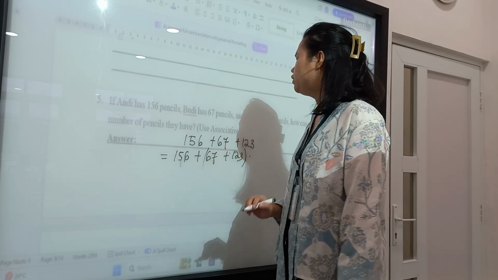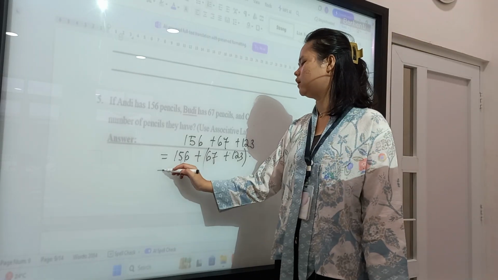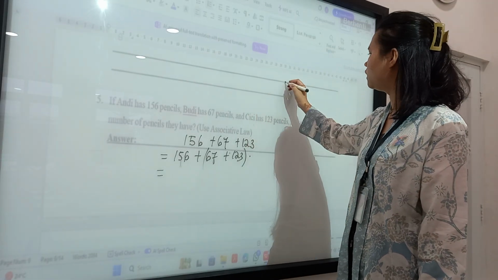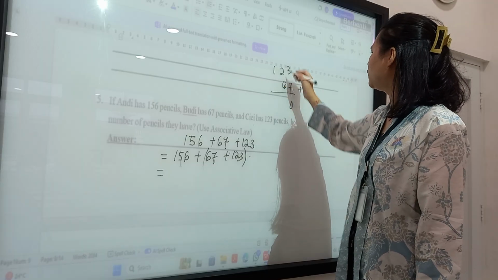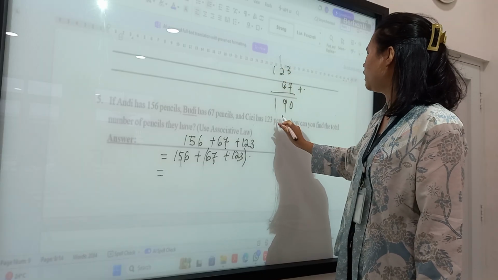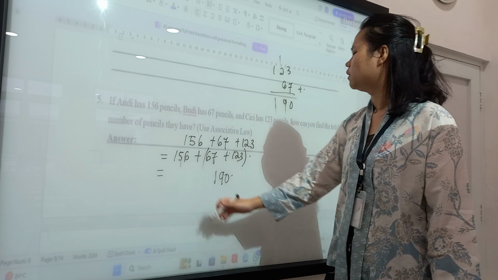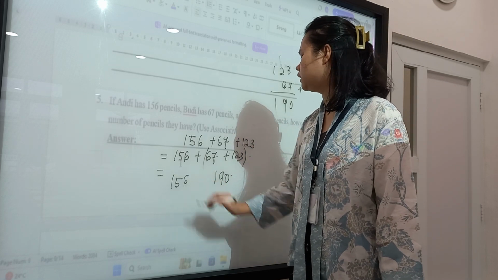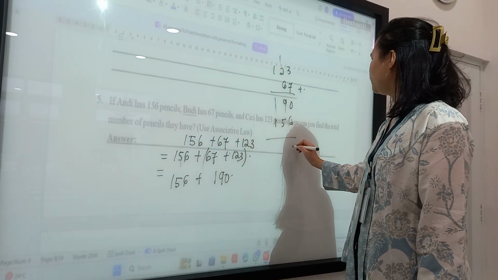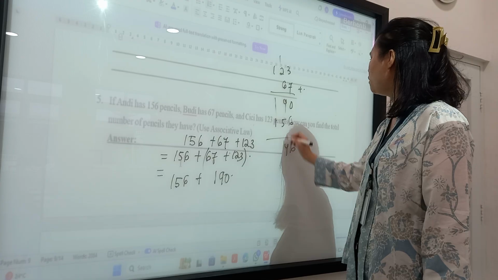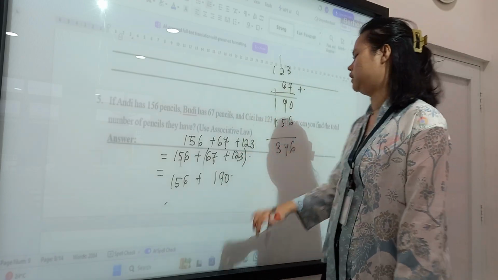We need to decide which one we want to do, like grouping in brackets. So later 67 with 123 equals 190. Plus 156, it will be 346.